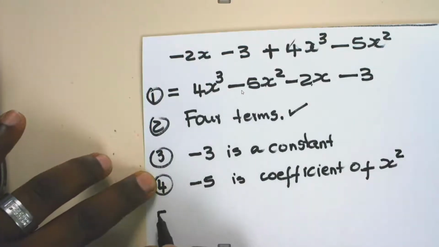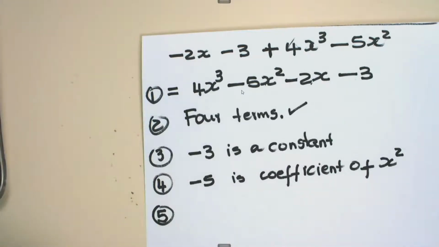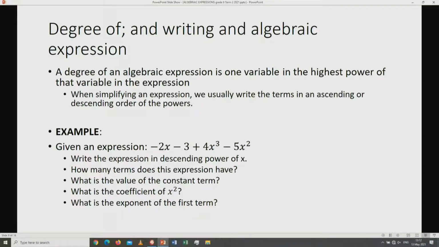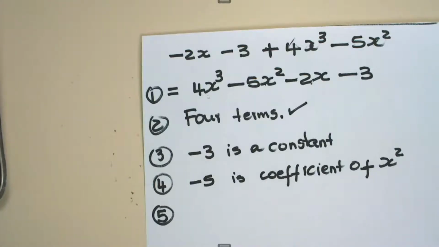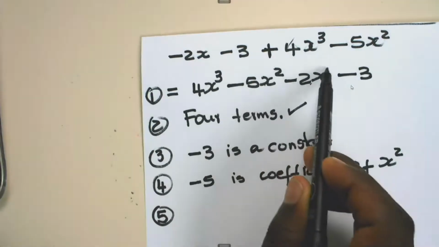And then the other question says, what is the exponent of the first term? Remember, in this case, we have already written our expression in a descending order. When you write it in a descending order, it's going to be like this. Can you see that the exponents are going down? All right.